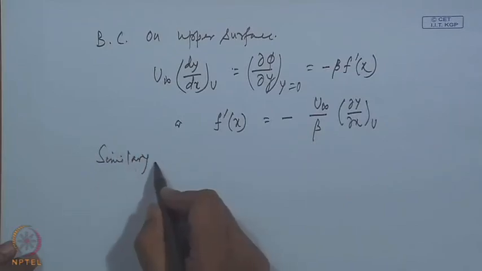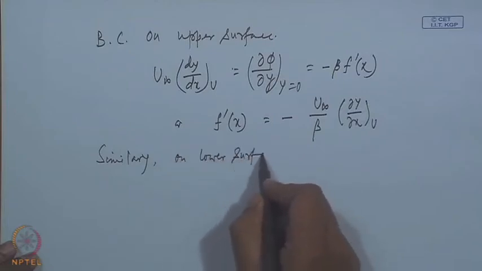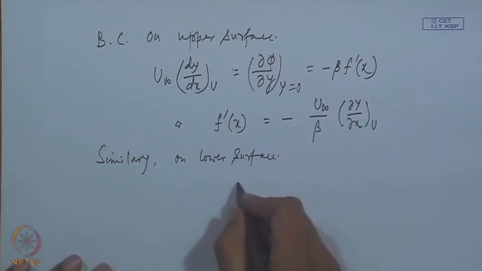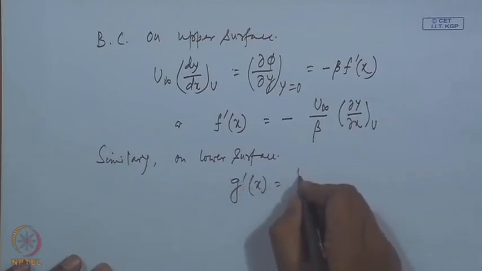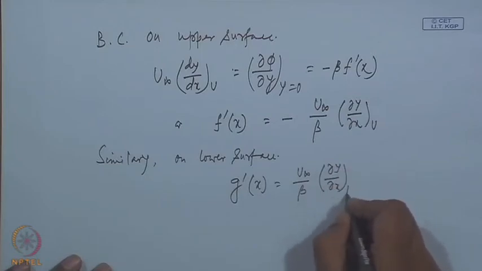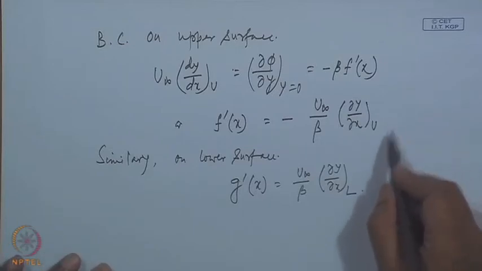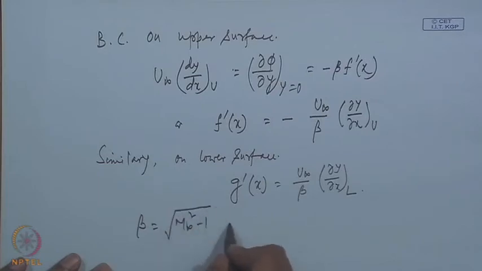Similarly, on the lower surface. And once again this must be remembered that beta in this case is root over M infinity square minus 1.